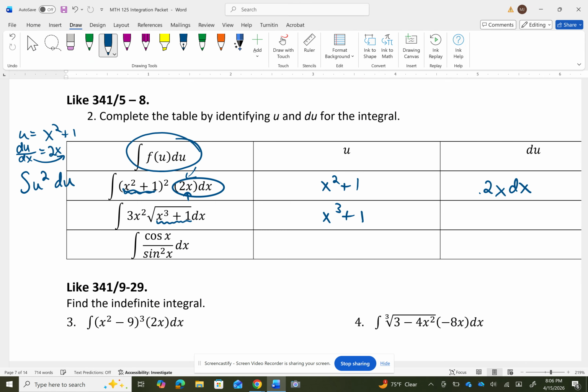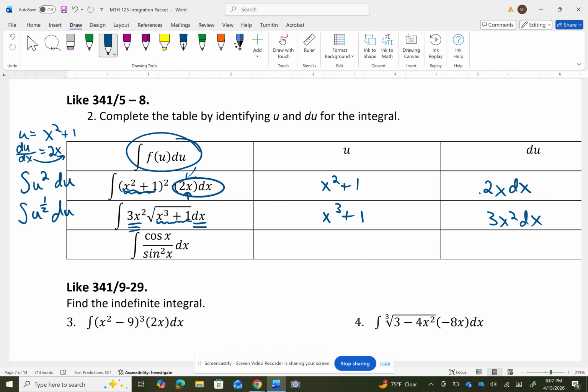So we're going to change this one into the integral of u to the 1/2 power for the square root of x, and then that 3x squared together with that dx, that's going to be the du.